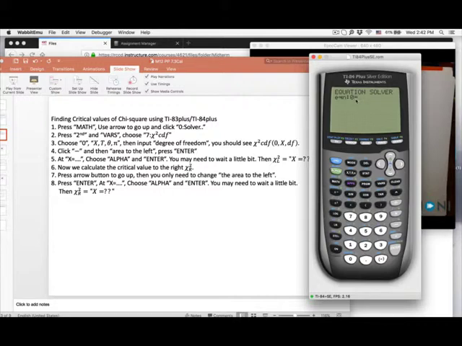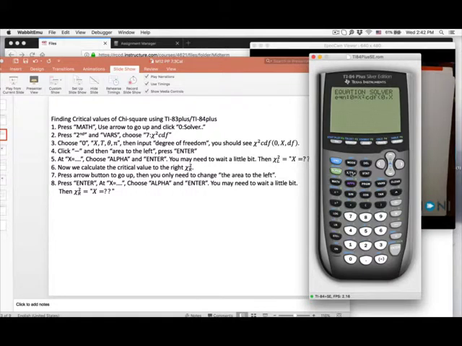Okay, and here I'm going to click on second, vars, and then go down, you're going to see chi-square CDF, chi-square cumulative area, enter. And then you're going to plug in the three numbers here. This is 0, comma, and then the x, that will be next on the stat, you could see x, t, theta, and n.